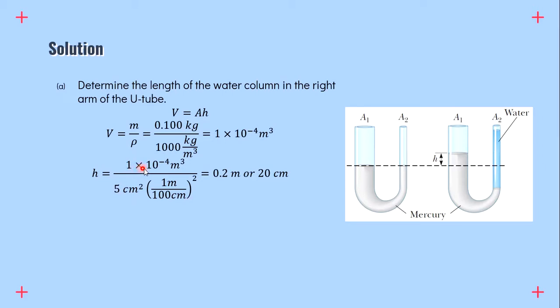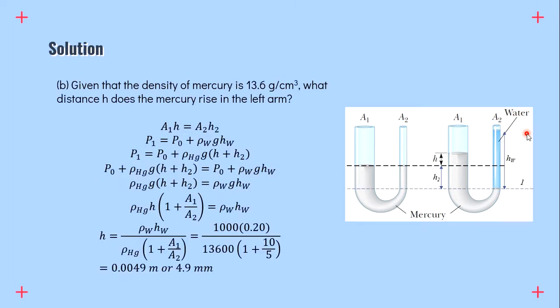So 1 times 10 raised to negative 4 over 5 over 10 squared, 100 squared. So we get 0.2 meters or 20 centimeters. That means that this water is 20 centimeters high.